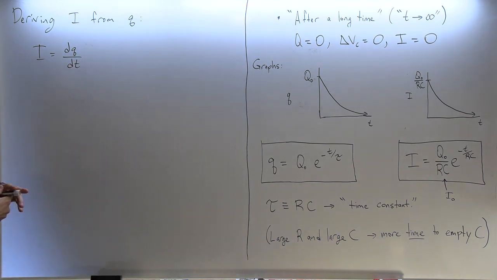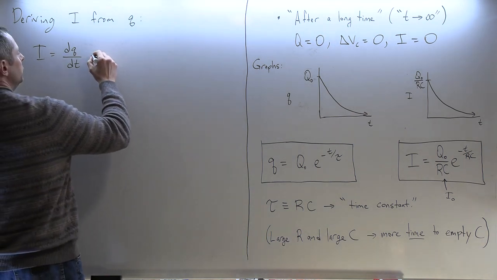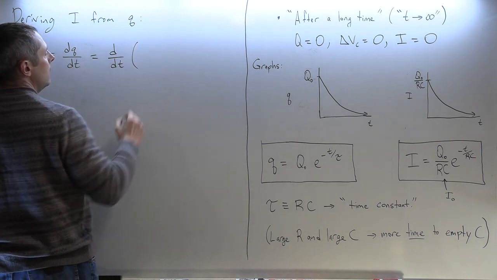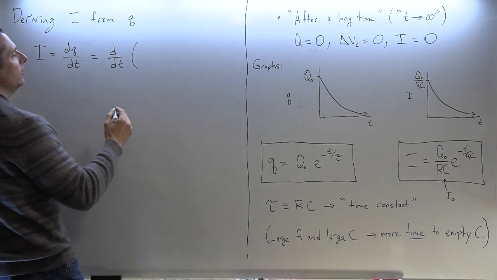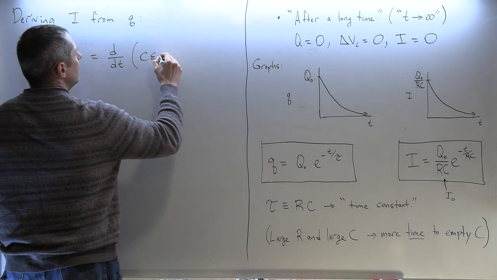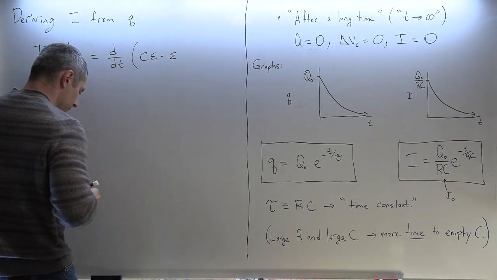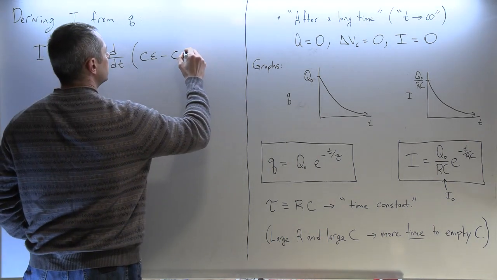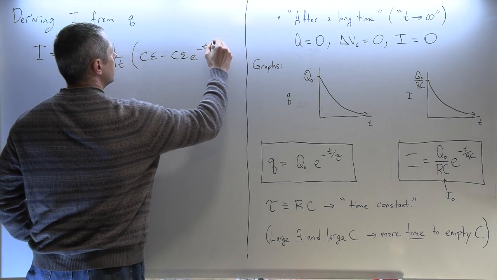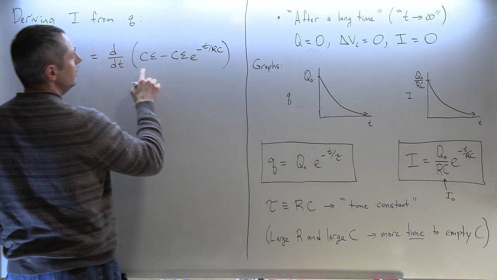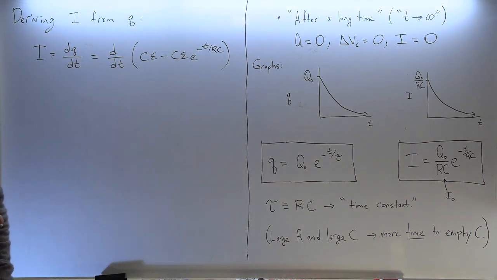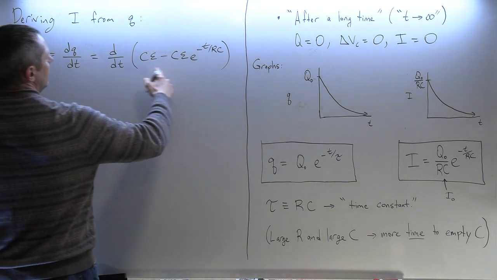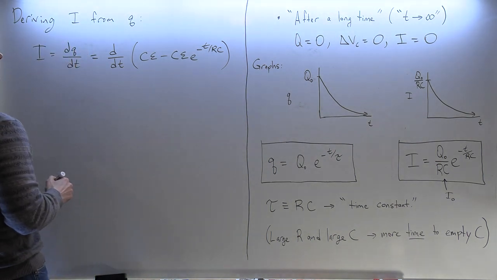And the charge expression, which I have erased, was the C times M times the 1 minus exponential. I'm going to go ahead and distribute that C times M. So if you look back at your notes, you'll see that this is the same formula with that C times M distributed out.